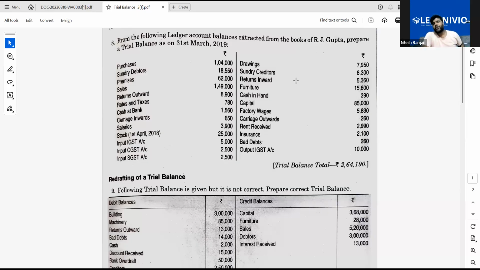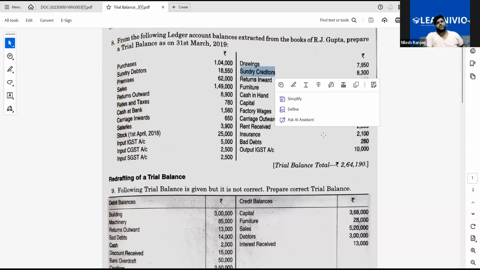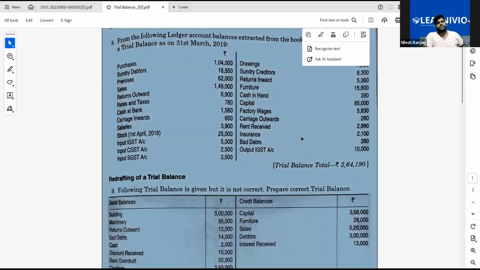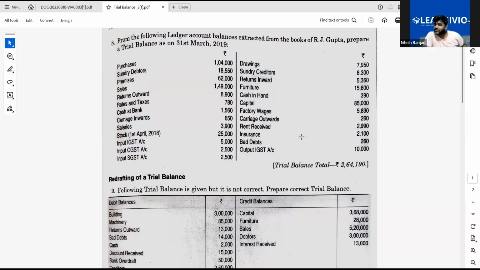Okay, Mihir, can you tell me where creditors will go? Sundry creditors. On the credit side. Yes. Can you tell me why? It's creditors, so it should go on the credit side, you're saying.